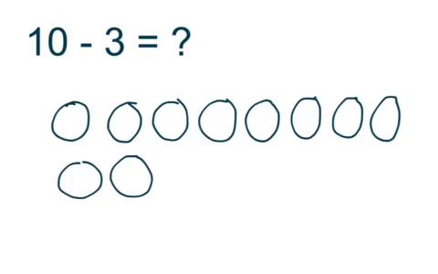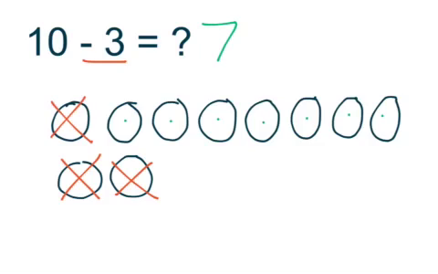Then it says to take away 3, which means I need to cross out 3 of my circles. 1, 2, 3. How many circles are left? If I count the circles without an X in them, I get 1, 2, 3, 4, 5, 6, 7. 10 minus 3 equals 7.